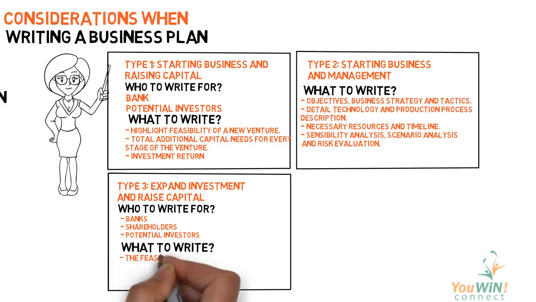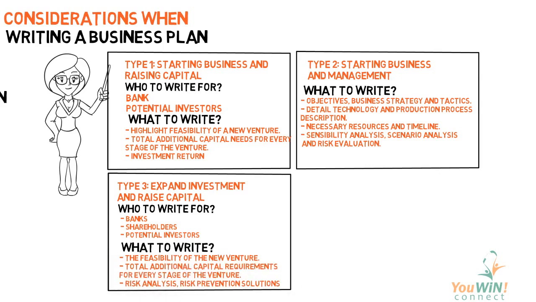It should highlight the feasibility of the venture, show the total capital requirements and needs at every stage of the venture. It needs to emphasize which factors will enable the company to succeed. And of course, it needs to anticipate the potential risks, analyze and prepare for potential obstacles, or identify the level of risk tolerance of the company.